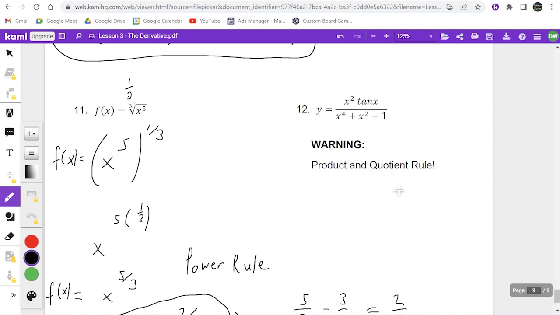The reason why I put this warning here is because whenever you have a product rule and a quotient rule, you can technically use both in the same problem. Technically, this is true, but basically what this means is you want to use a little strategy called logarithmic differentiation.